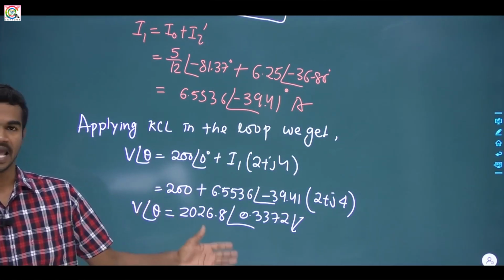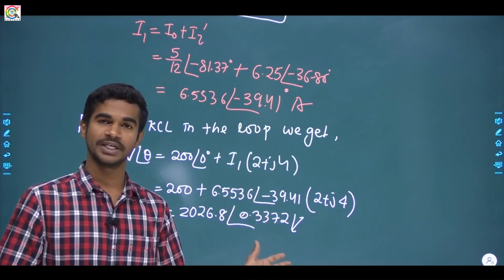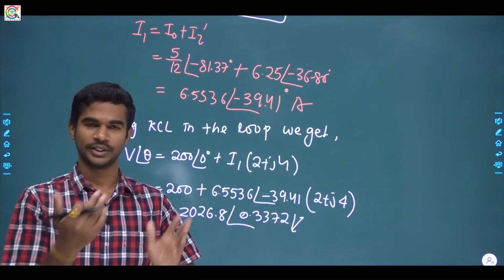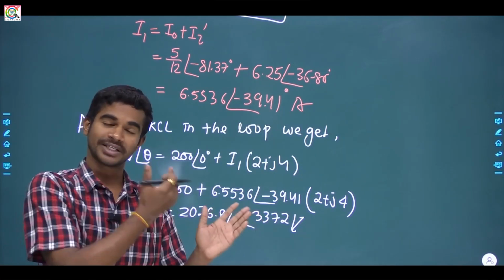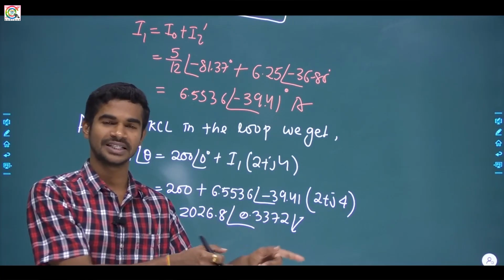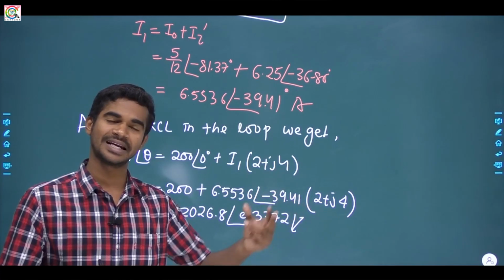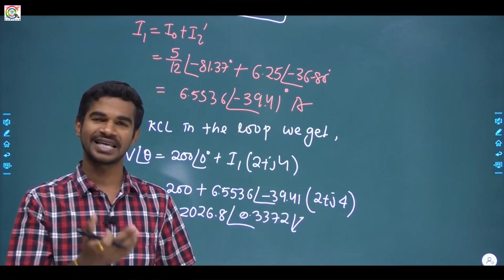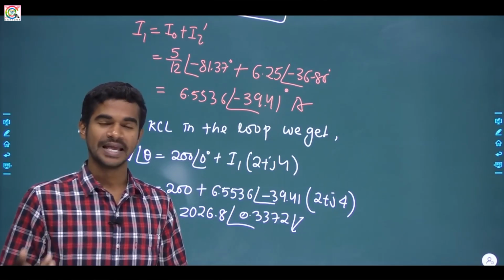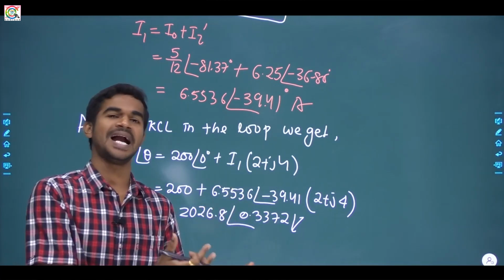So obviously, as this is a case of practical transformer, the supply voltage must not be the rated voltage. The rated voltage is 2000 volt. So it must be higher than 2000. Why? Because there is a voltage regulation in the transformer. In order to operate the load at the rated voltage, I have to excite the transformer at overrated voltage.